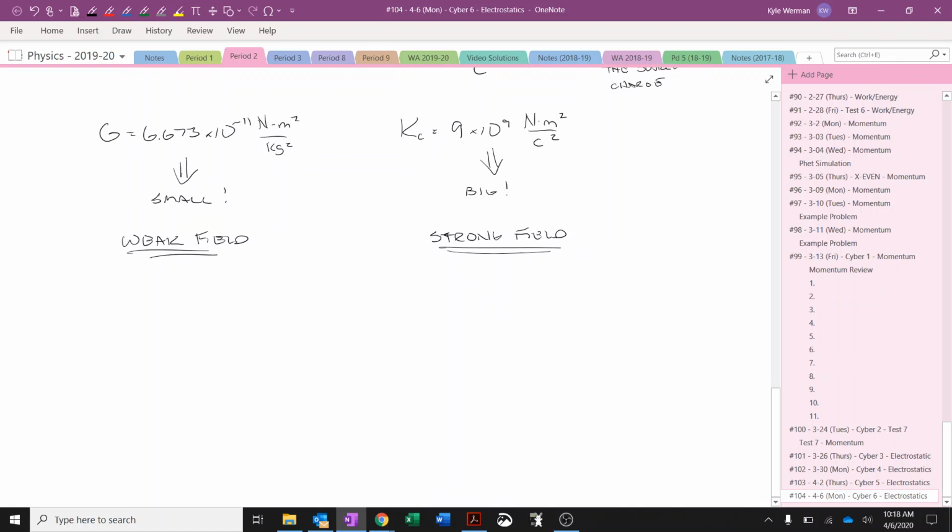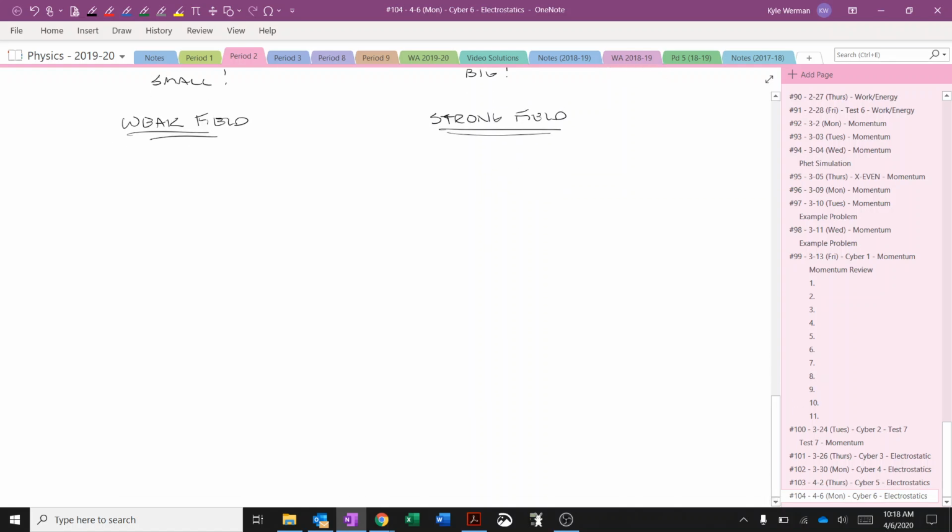All right, I'm going to set up a problem here and let you guys do a quick calculation with the electric field. All right, so here's an example problem, and then I'll throw you guys on your own here for a second. Just a quick calculation, I'll let you guys work.